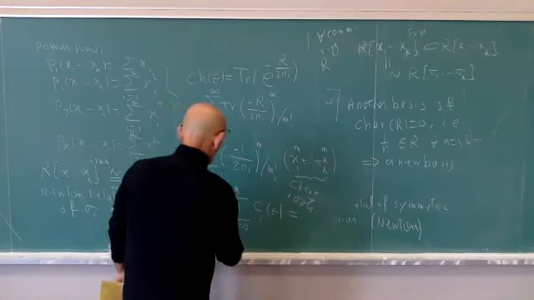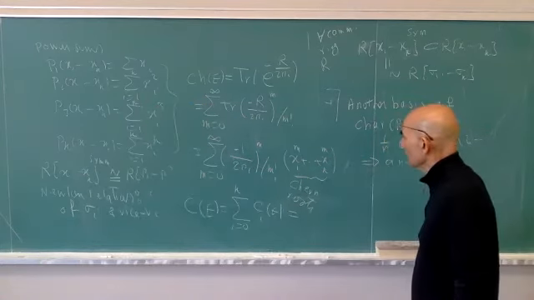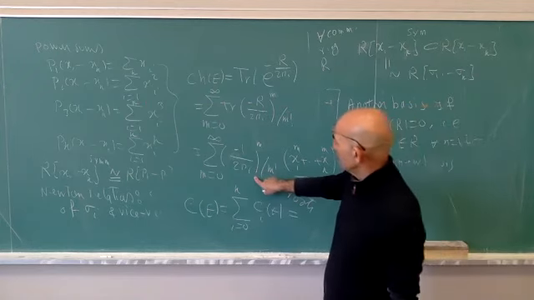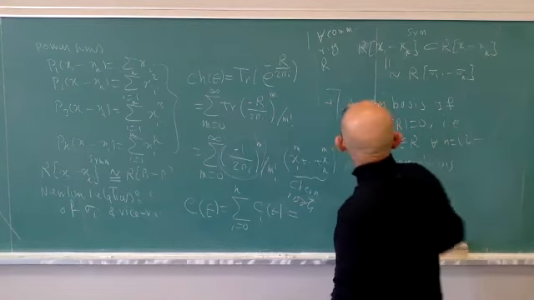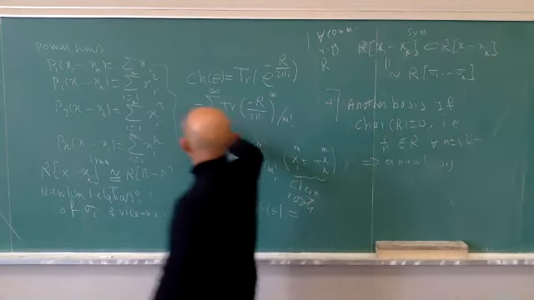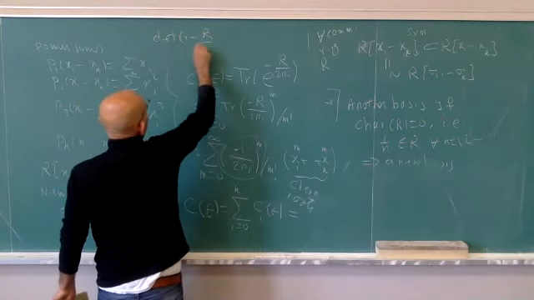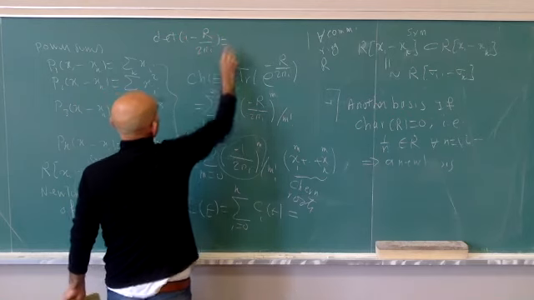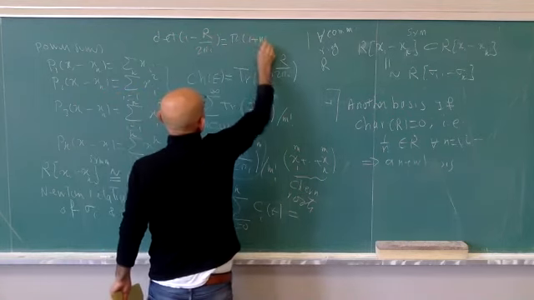Maybe I don't need this factor, because I defined the determinant of 1 minus R over 2 pi I to be equal to a product of 1 plus xi.